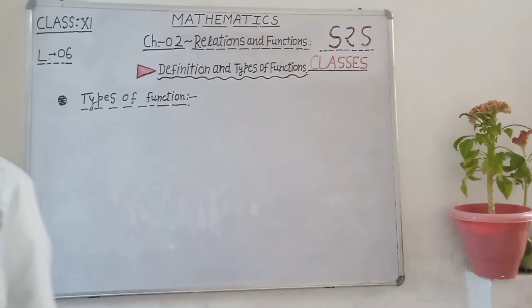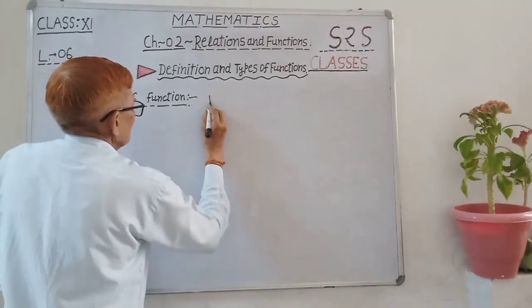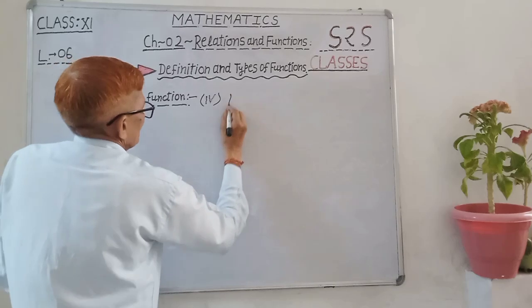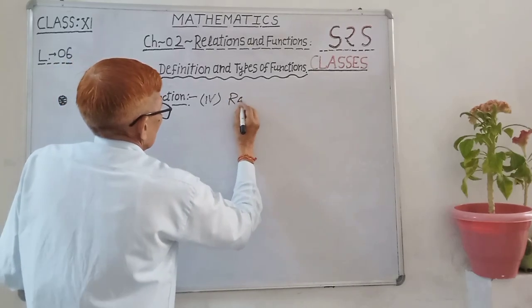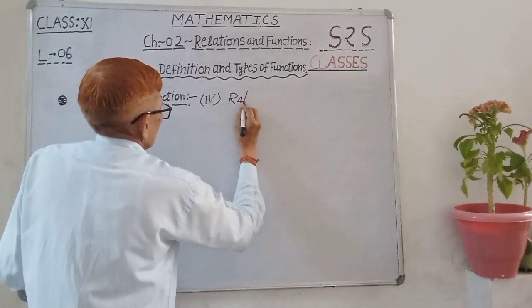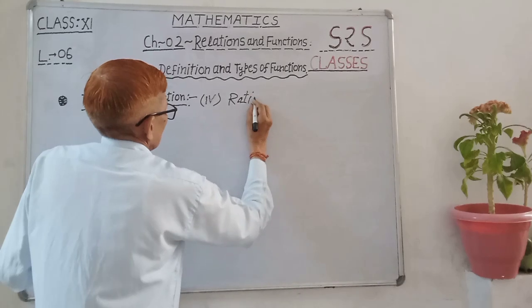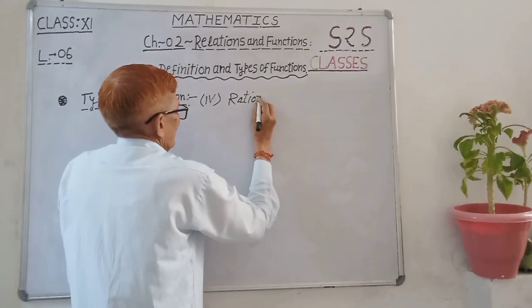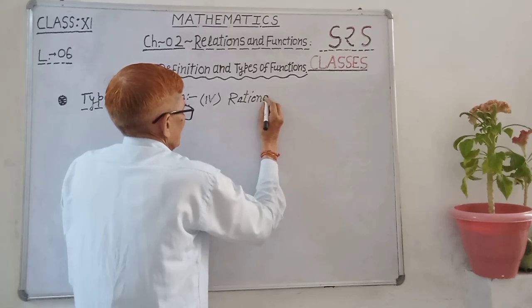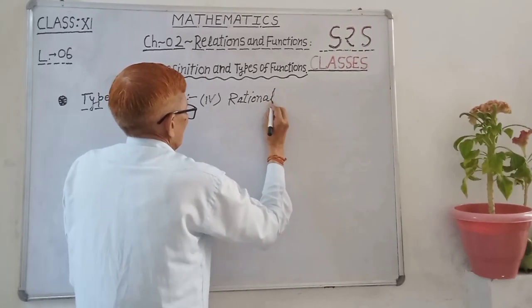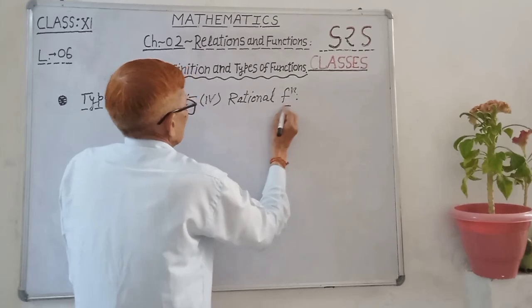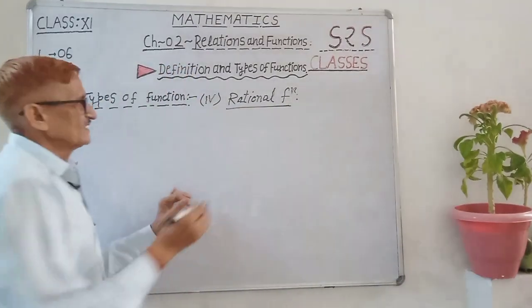Rational function. Fourth is rational function. Which type is a rational function?